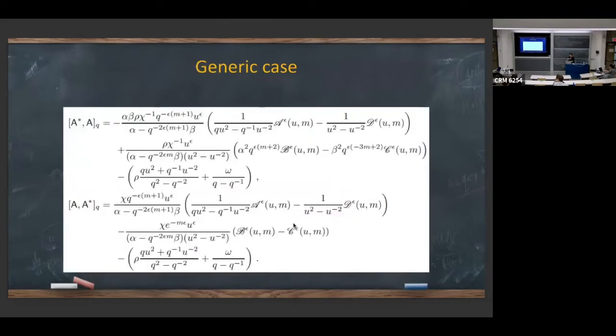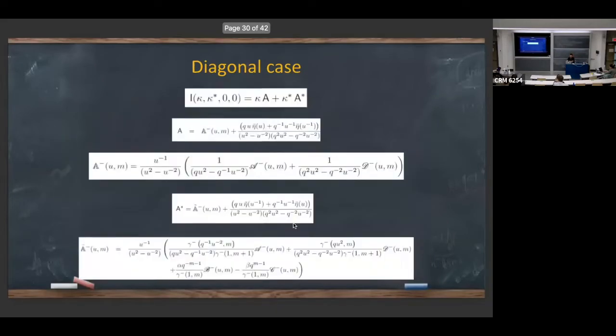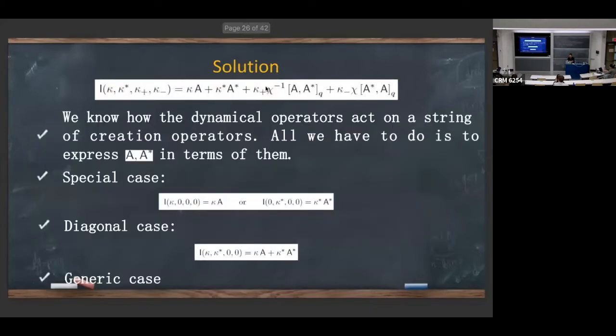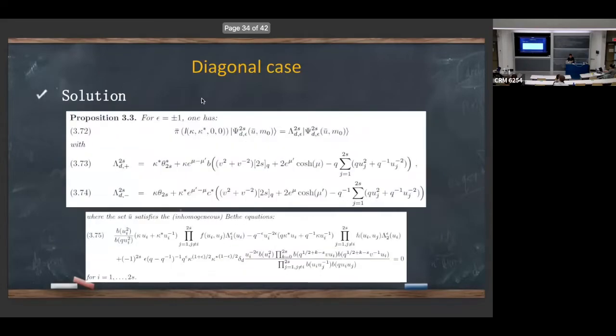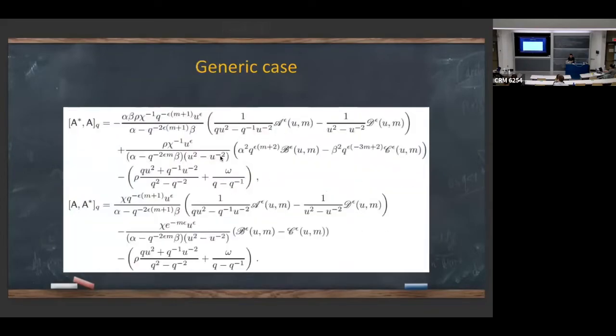Let me just mention the generic case now. In the generic case, we have everyone, all the terms, and there is no way to escape. We have to take all of them into account.